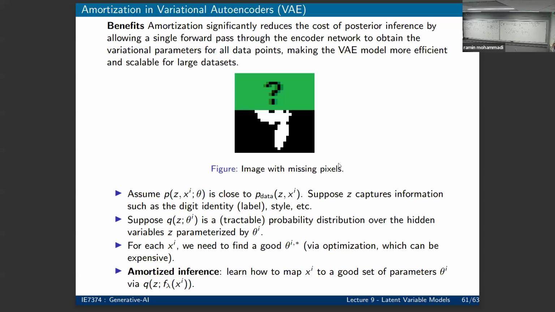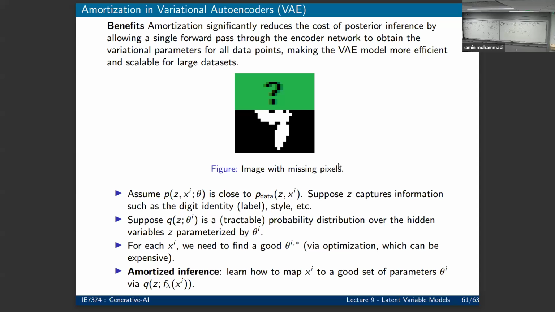So to finalize this, if we look at this missing pixels part of the image, the overall idea was that for this image, I would need to learn a series of theta i. Instead of doing that, we're going to learn this model q(z | f lambda(x_i)).